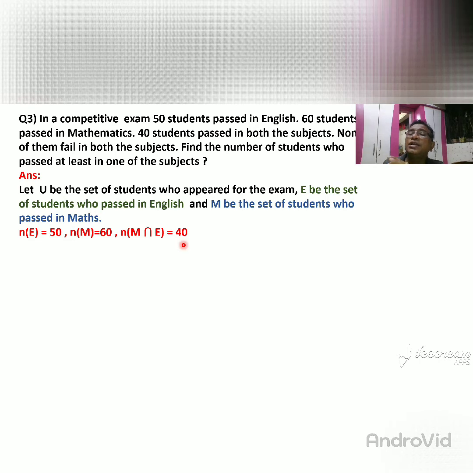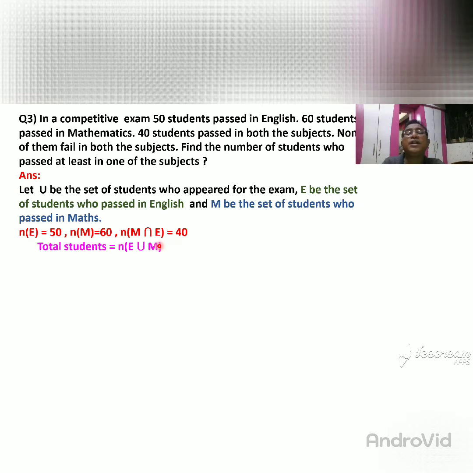First I write, students who pass in the English subject, 50. Math subject, M for maths, students who pass 60. In maths how many pass? 60. And maths and English both subjects together they are pass is 40, means they pass in maths also and they pass in English also.